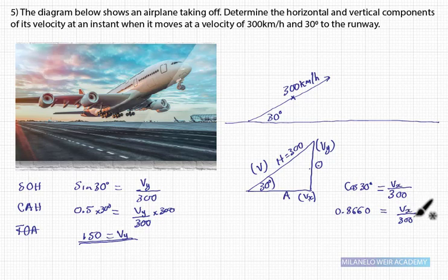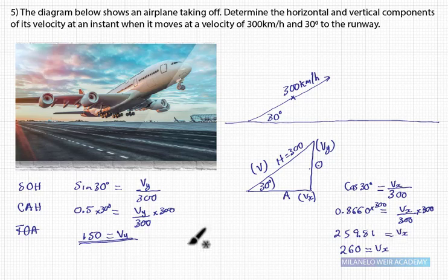Since vx is the subject already, we multiply both sides by 300 so it cancels again. We get 259.81, which is about 260, is equal to vx.